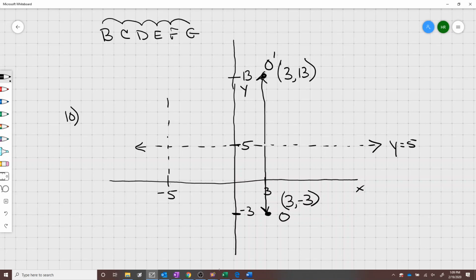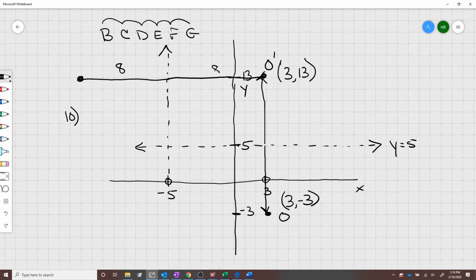We've got to get to the line of reflection, which is from 3 to -5, which is 8 units. That means we've got to go 8 more units to the other side of the line of reflection.